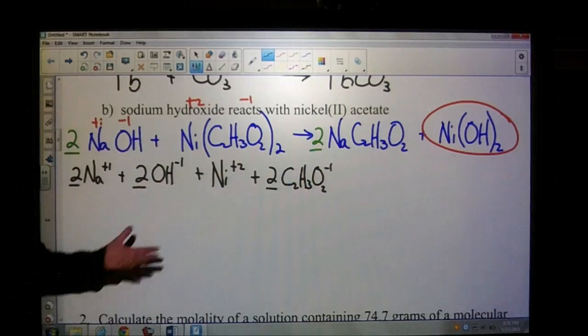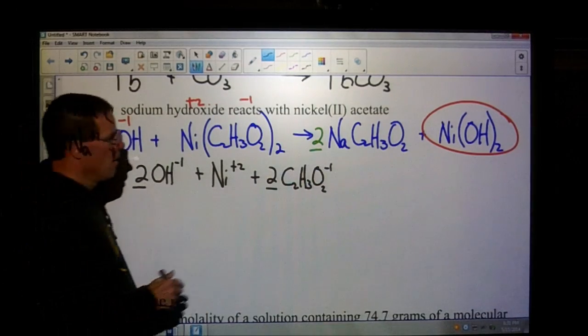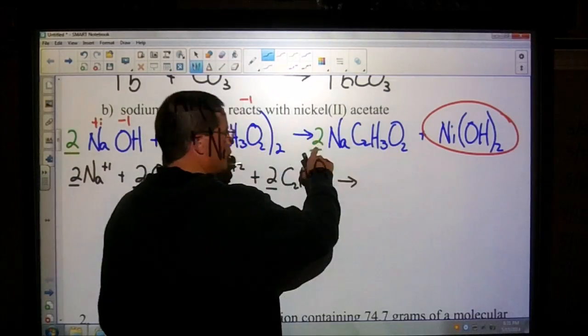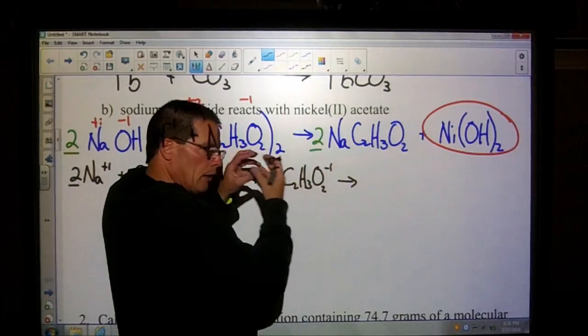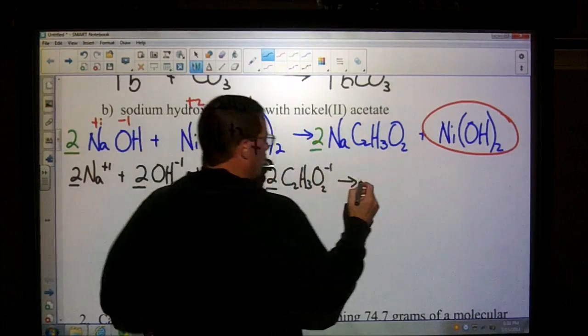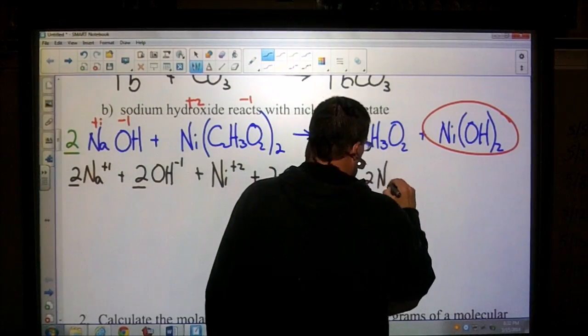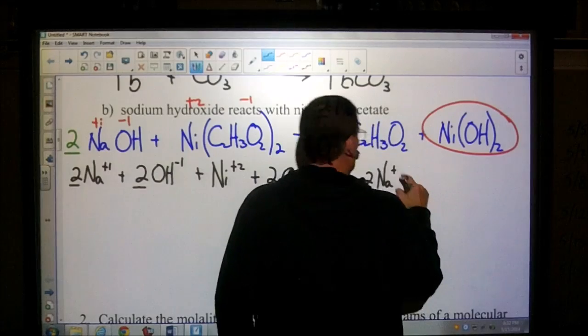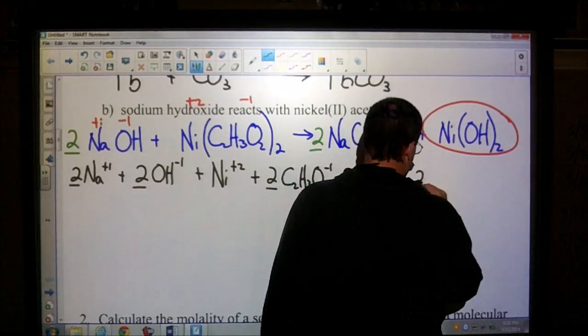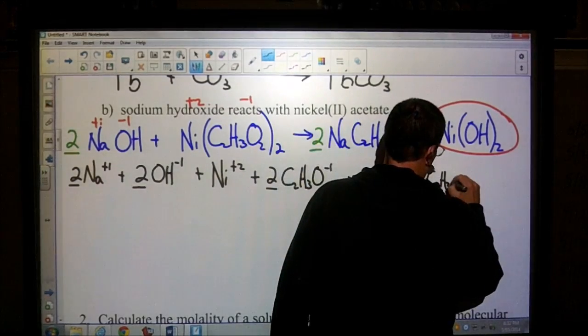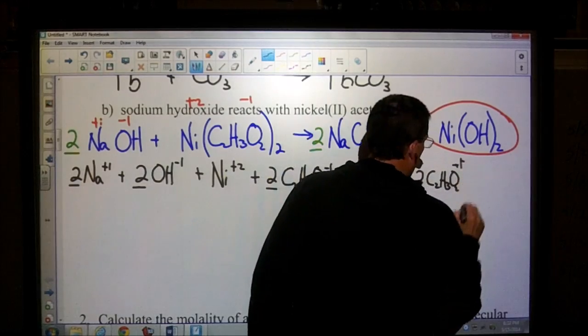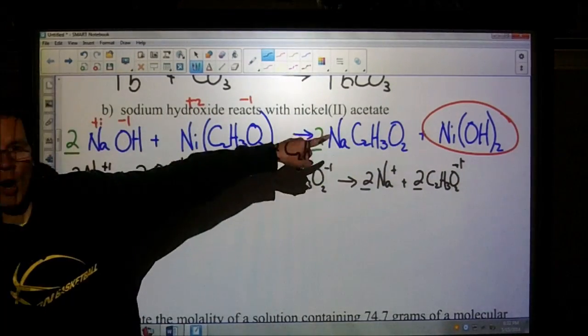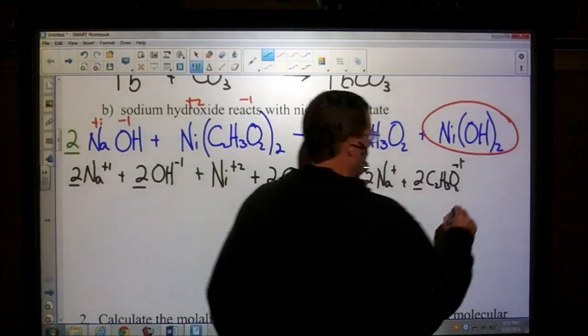Okay, so that's all the things on the left side. On the right side, our sodium acetate is not going to form a PPT, so it dissociates. So we have 2 sodium, we have 2 acetates. And we have our PPT or our nickel hydroxide.